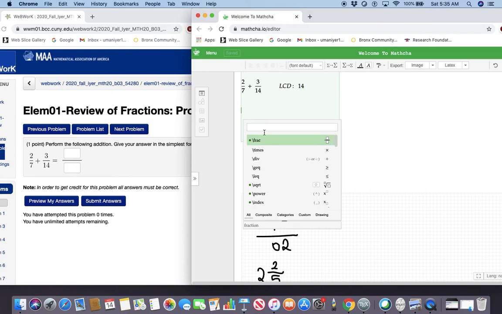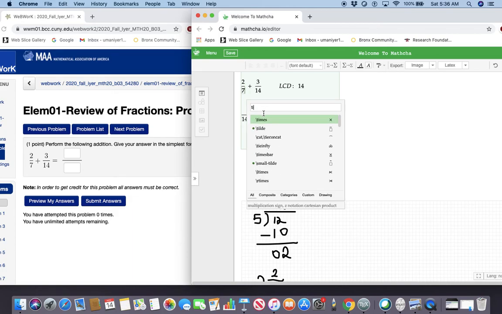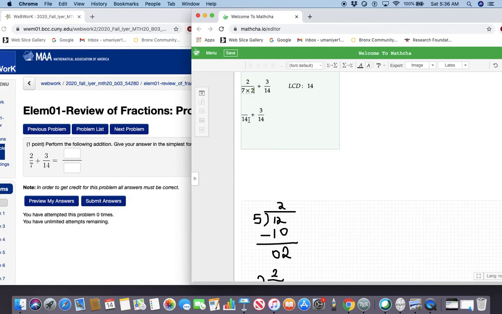So what do I do now? I'm going to rewrite both fractions with 14 as the denominator. The second one is good as it is. It's already 14, no changes required, so upstairs is a 3. How do I get a 14 from 7? Well, 7 times 2 is 14.